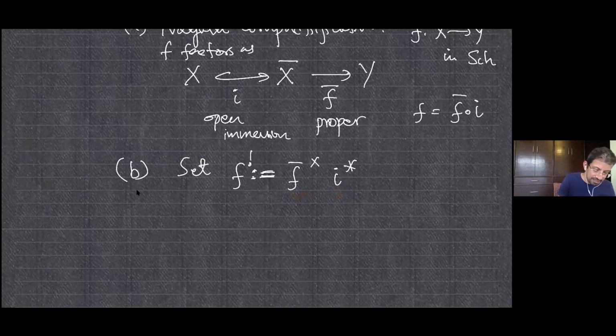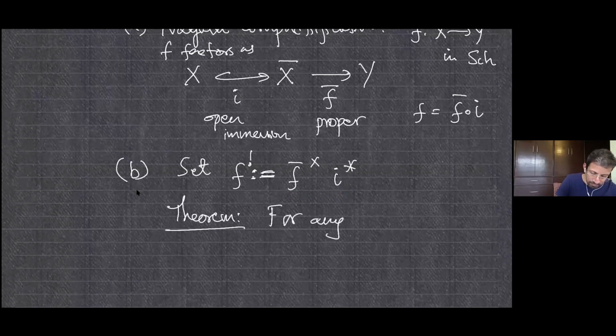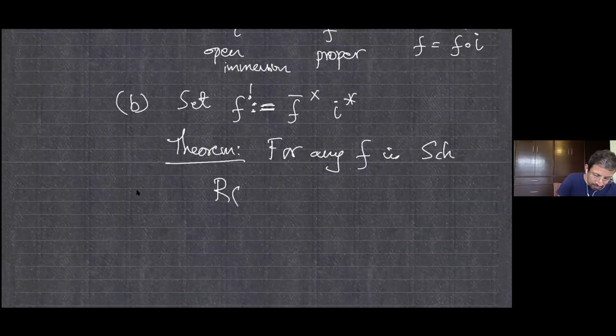In this generality, the theorem is that for any f in the category of schemes, Rf lower star has a right adjoint.